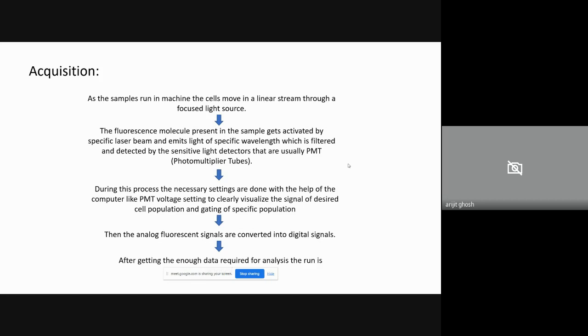After that, the emitted light is filtered and detected by sensitive light detectors, which are usually PMTs.